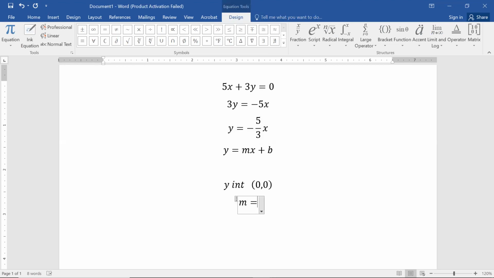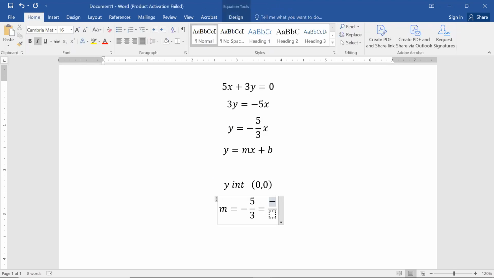The slope is -5/3, and you can either think of that as the fraction -5 over a +3, or as the fraction +5 over a -3. Either way will work.